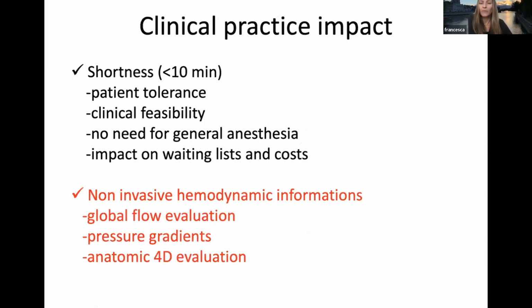This has a huge impact on your patients: patient tolerance, clinical feasibility, no need for general anesthesia, and a big impact on waiting lists and cost, because it's a really short MRI.